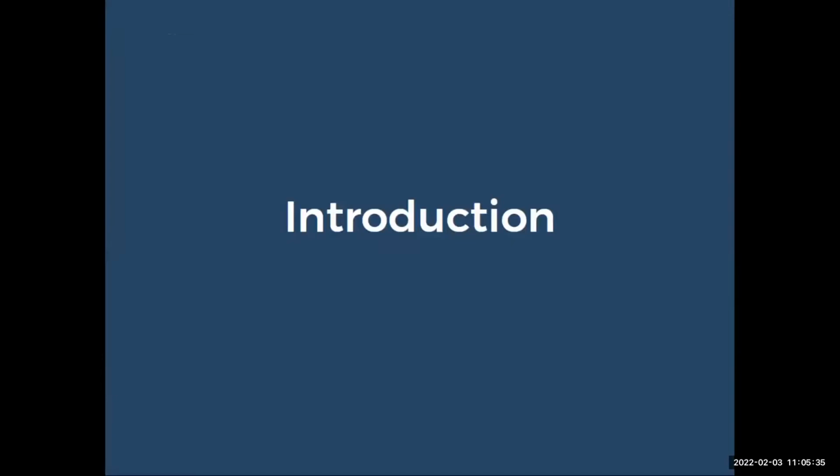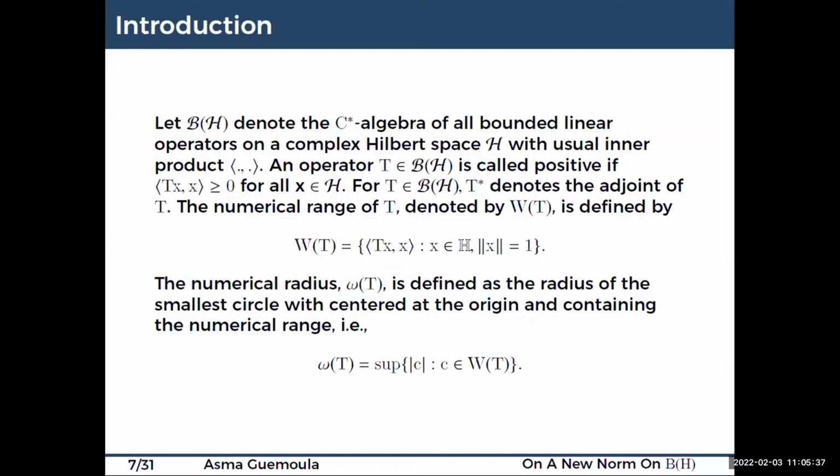Introduction. Let B(H) denote the C-star algebra of all bounded linear operators on a complex Hilbert space H with the usual linear products. An operator T in B(H) is called positive if this holds for all x in H. For T in B(H), T star denotes the adjoint of T. The numerical range of T, denoted by W(T), is defined by this.